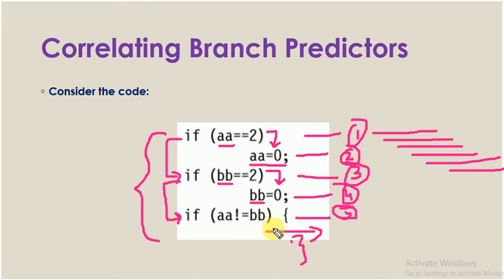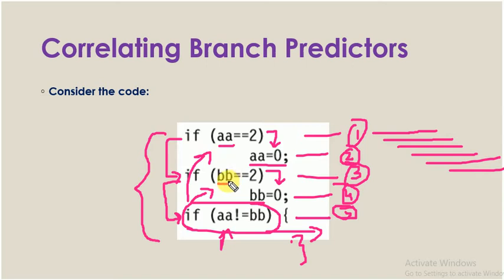So what I am trying to say is that the behavior of this branch actually depends on the behavior of the previous two branches that were already executed before the execution of this particular branch. In the previous case, we were looking at the performance of the same branch for the previous situation, but now for deciding what happens with this particular branch, just look at some other branch behavior also. Okay, so if A equal to 2, BB equal to 2, what will happen? This will be wrong, right?